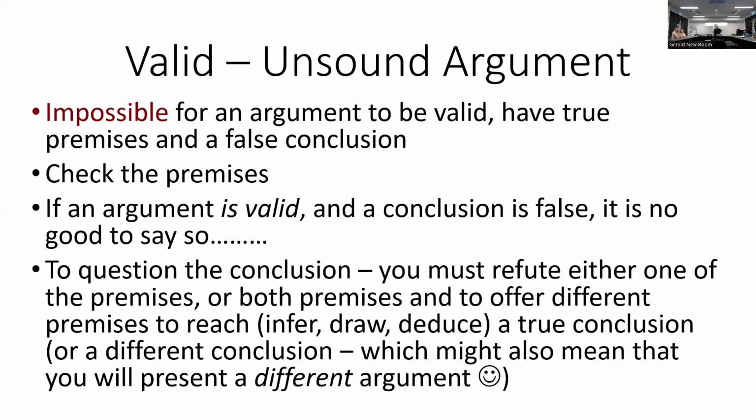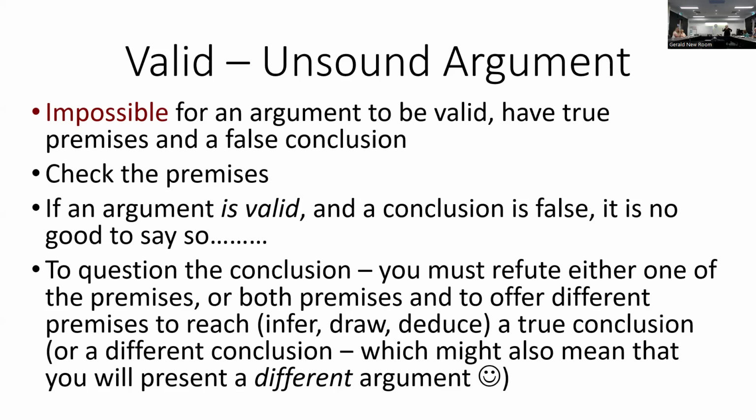So going back to what you started saying: if you question the conclusion, you must refute either one or two premises, because the conclusion follows necessarily from the premises in a deductive argument, actually in inductive too. If you think there is something wrong with the conclusion, you have to go back.